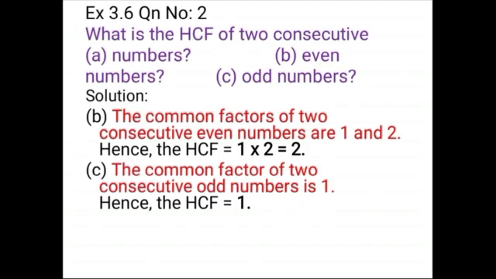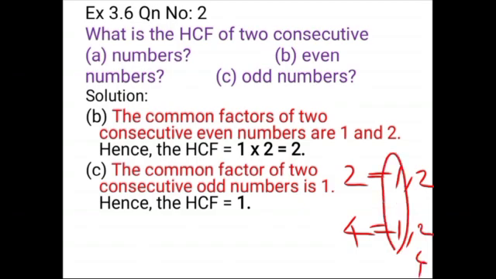See, take two consecutive even numbers, 2 and 4. The factors of 2 are 1 and 2. The factors of 4 are 1, 2 and 4. Here the common factors are 1 and 2. Therefore, their product value is the highest common factor.